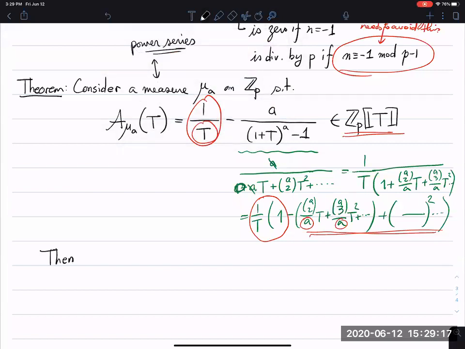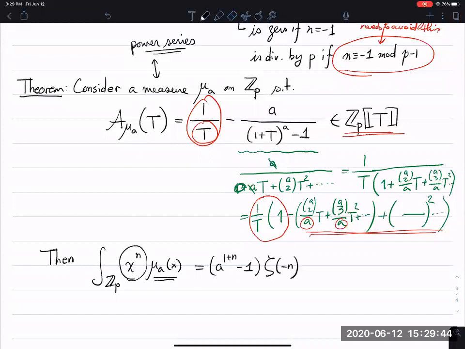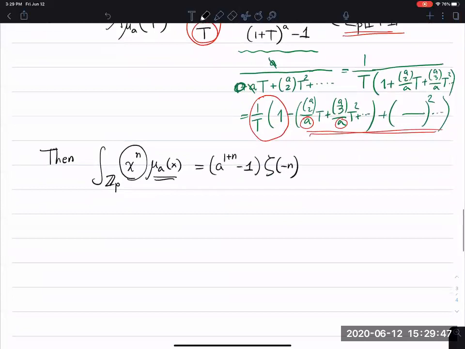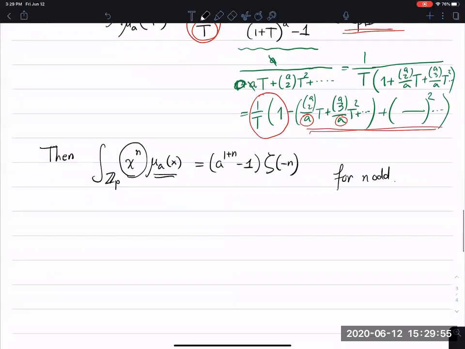Then the integration of, or maybe I shouldn't write d mu, just mu_a(x): if I put this measure and I integrate the function x to the n, I will get a to the 1 plus n power minus 1 times zeta(-n). Okay, this is for n odd. For n even, this should give you 0 on both sides, I think.